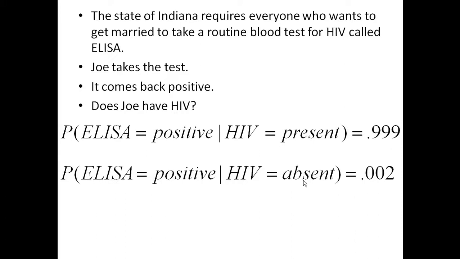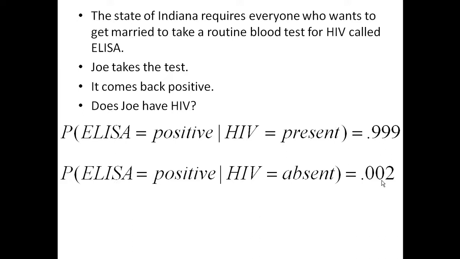The probability ELISA equals positive given HIV equals absent is 0.002. This means out of every 1,000 people who do not have HIV, 2 will still test positive. If it was a perfect test, this number would be 0. This is called the false positive rate because it's positive, but it's false because these people don't have it.